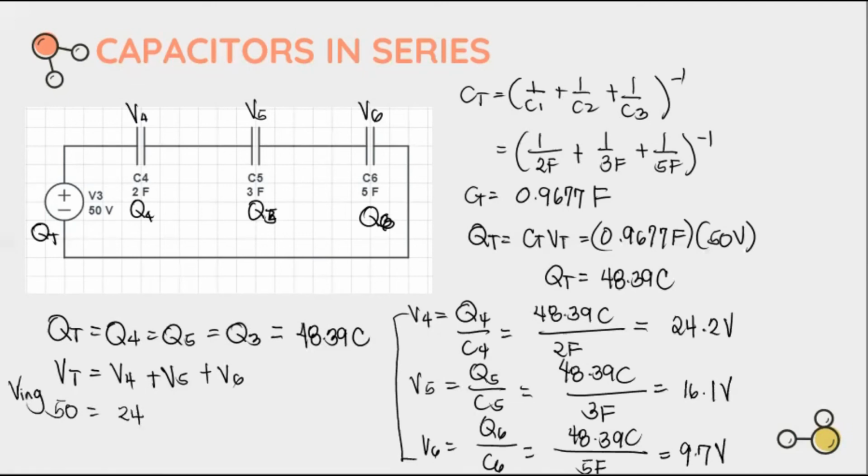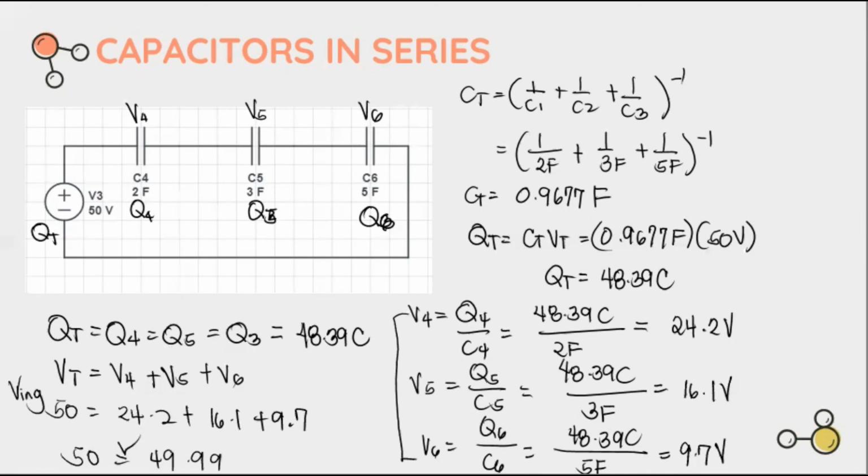Okay, 24.2 plus 16.1 plus 9.7. Okay, it is equals approximately to 49.999998. So, tama po ang ating ginawa. So, medyo iba lang siya kasi nag-round off.